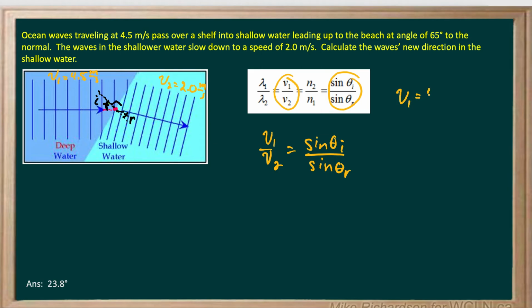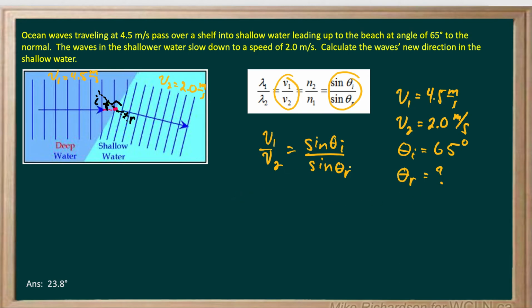V1 is 4.5 meters per second. We know V2. Our refracted speed is 2.0 meters per second. We know our incident angle, 65 degrees. And we're looking for our refracted angle.